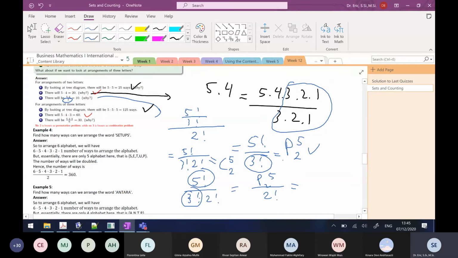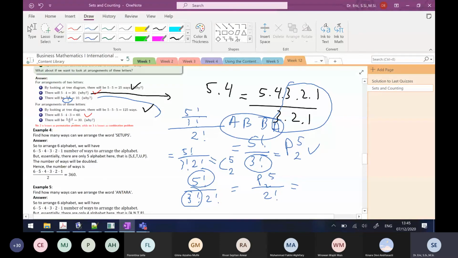So the number of ways in combination should be less than in permutation, because in permutation the order is relevant, but in combination the order is irrelevant. AB is the same as BA, but in permutation these are considered different.